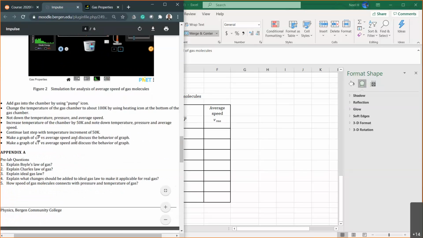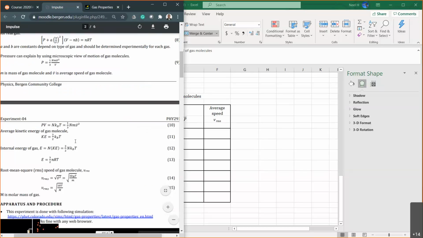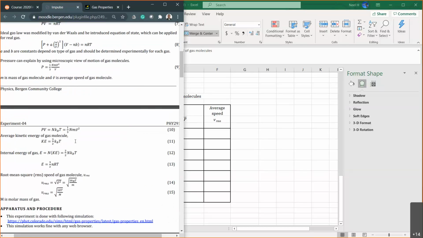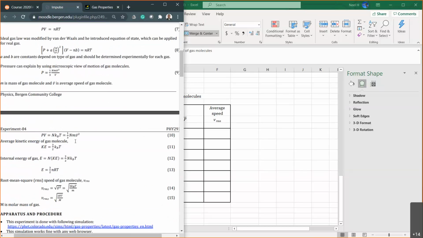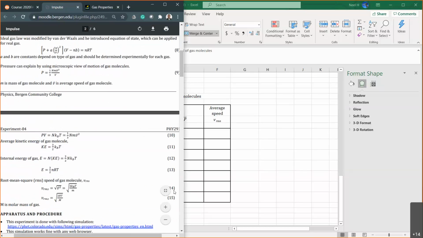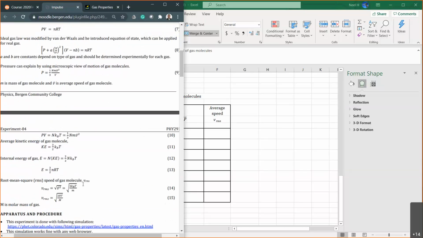Okay, and also all that information for your discussion you can find in your equation number 14. If you go to equation number 14, V_RMS, the root mean square speed of the gas particle, should behave directly proportional to the square root of the temperature.